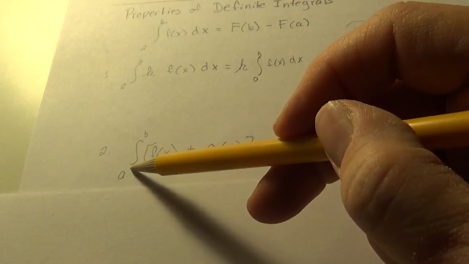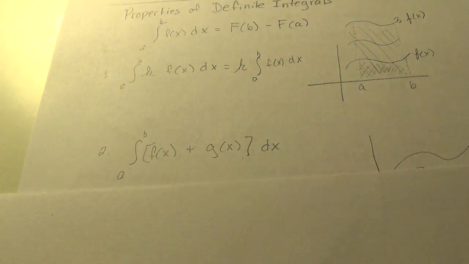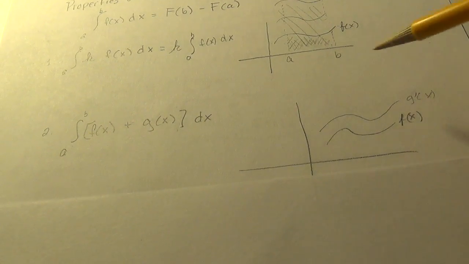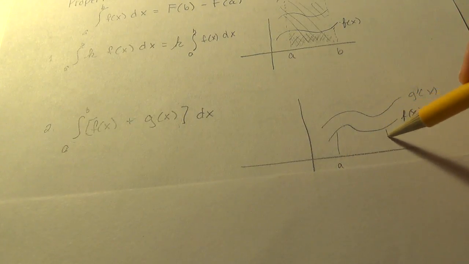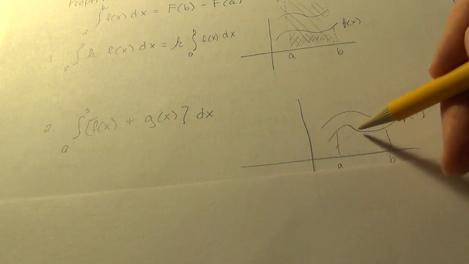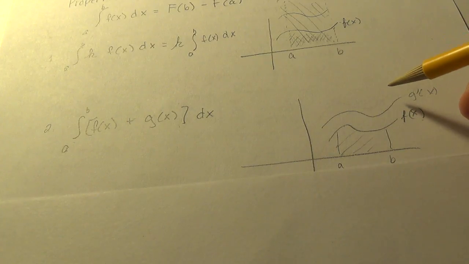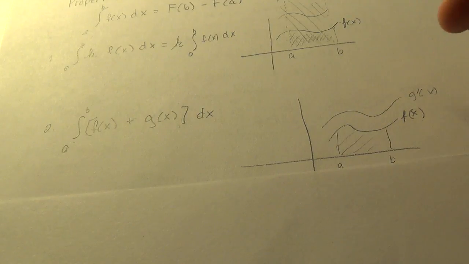We're going to take an integral of one function, add it to another function behind the integral sign. So let's look at a picture of what that leads to. So if this is function a to b, so we're looking at this area under the curve for f of x, and if we add g of x to f of x, what would that look like?